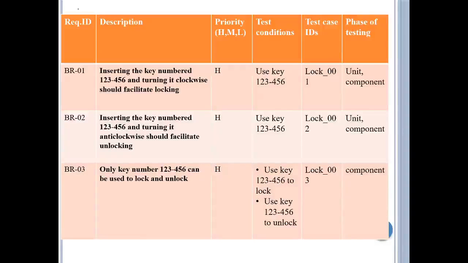This is how the requirement traceability matrix looks. The first column you need is the requirement ID. To identify every requirement you need to give a unique ID.